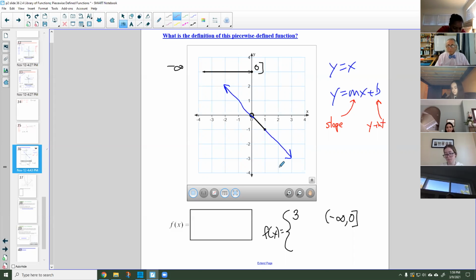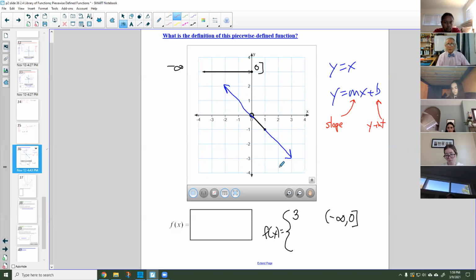Isabella C., what's the slope of that line? The slope of the blue line? Yes.